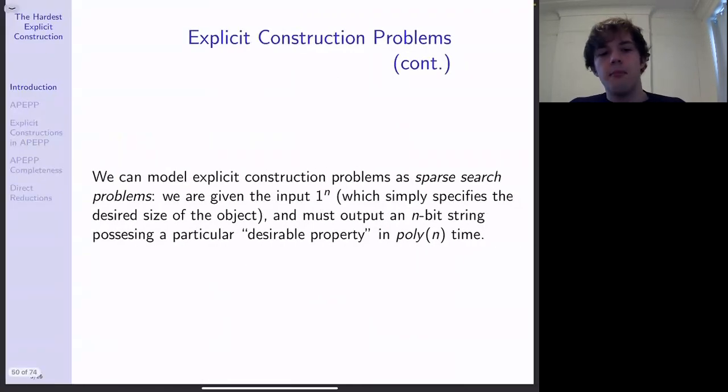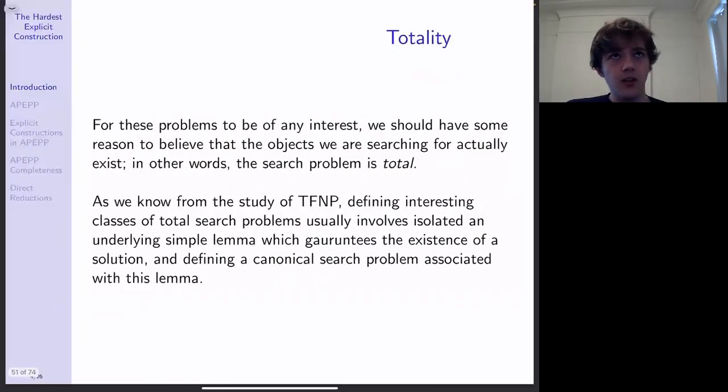We can model these explicit construction problems generically as sparse search problems. In this context, we're given the input 1 to the n, which simply specifies the desired size or description length of the object. The goal is to output some n-bit string which possesses the desirable property in time polynomial in n. For these problems to be interesting, we should have some reason to expect that the desired objects actually exist at all.